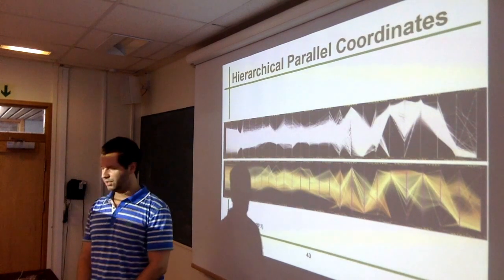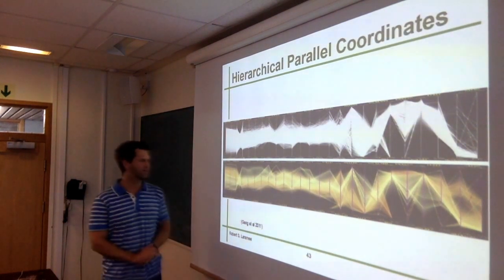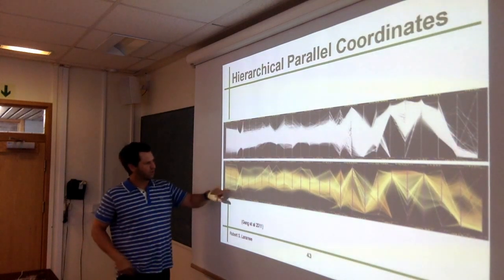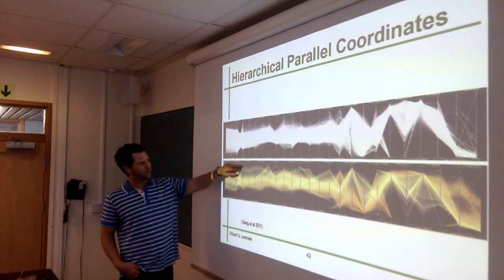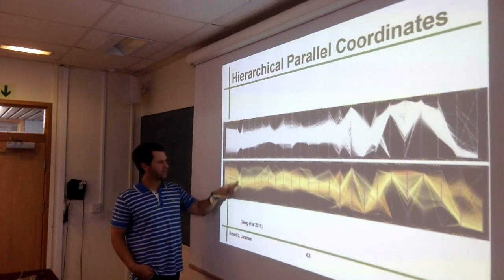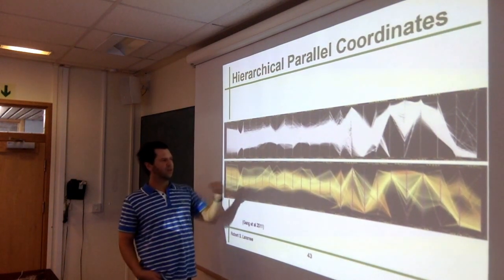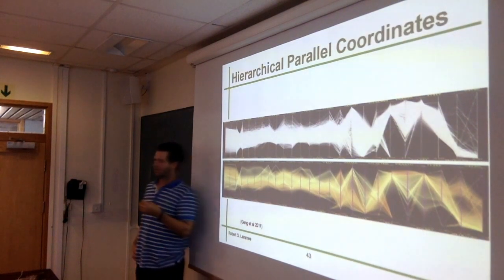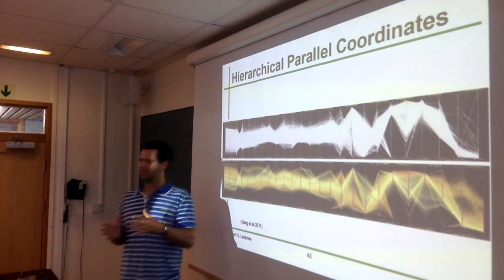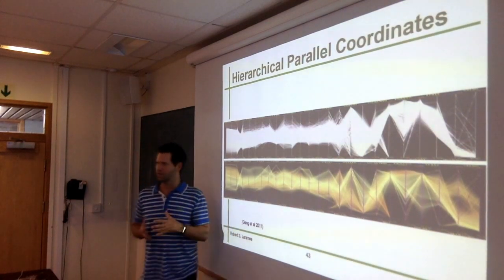We can also try to make hierarchies out of the parallel coordinates, so grouping lots of polylines together into clusters, and then rendering the center of the clusters with higher opacity, and the edges of the clusters with lower opacity or more transparency.